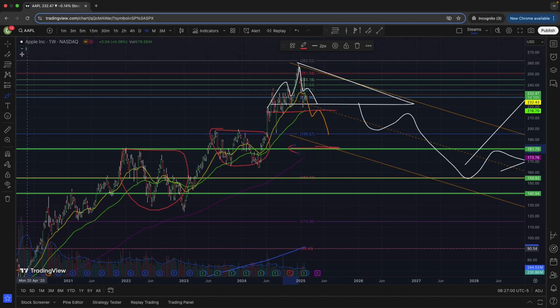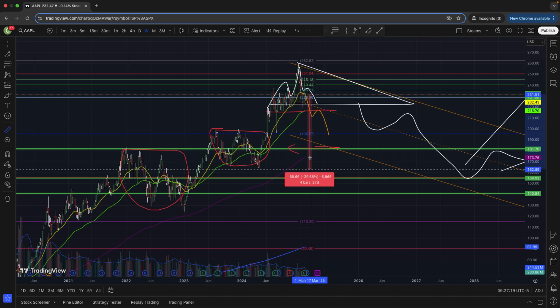So if you can get long off of the purple line, around 173, it's very advantageous to you, and price is at 232 right now. So if you go to 173 from 232, that is almost a 25% drop.